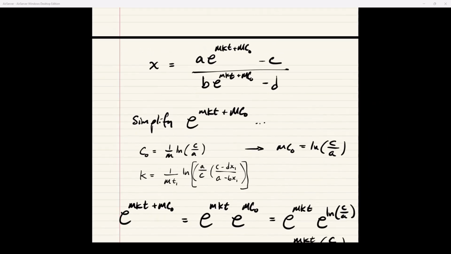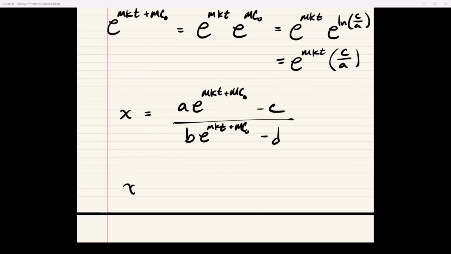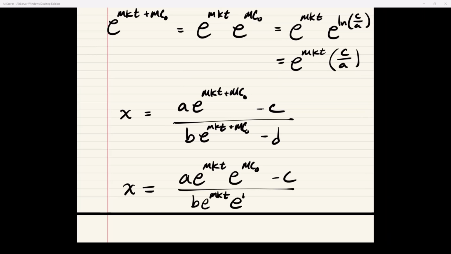So if I go back to where I was with the explicit formula for x, that x, that's a e^(mkt) e to the mc naught minus c over b e to the mkt e to that mc naught minus d.